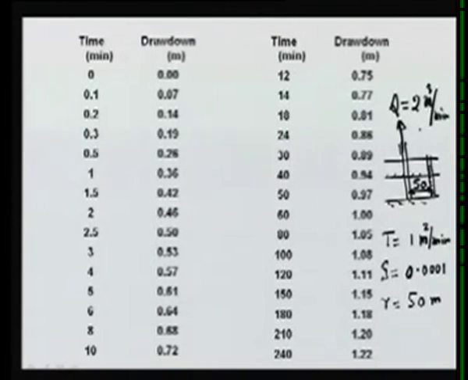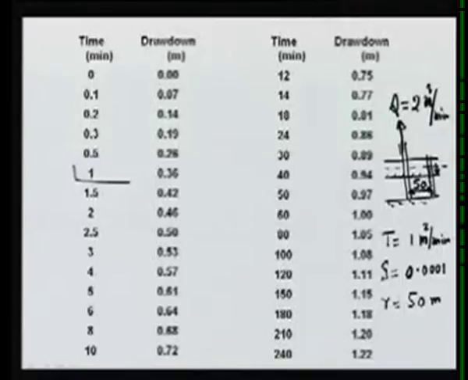Using this data, we want to find out how the water level in this piezometer changes. So initially there is some water level, so the piezometer will show the same water level. When we start pumping, with time this water level will be going down. So we want to see how this water level goes down, and that we can do using the Theis method. For example, suppose we want to find out what will be the drawdown at, let's say, 1 minute after the pumping starts.